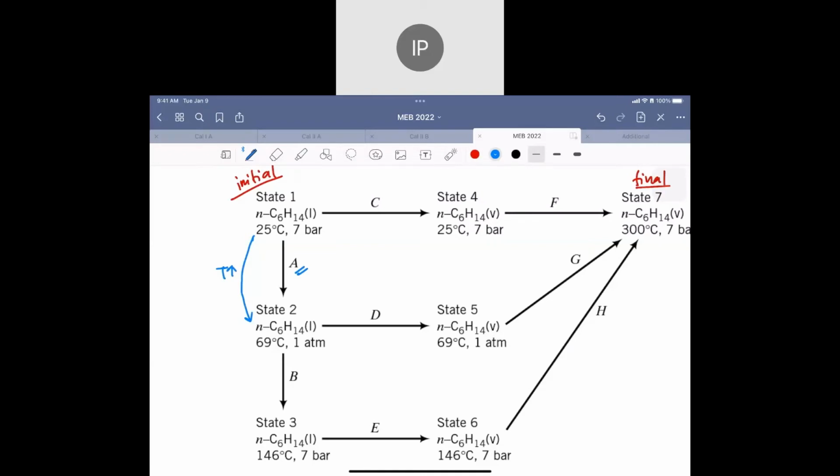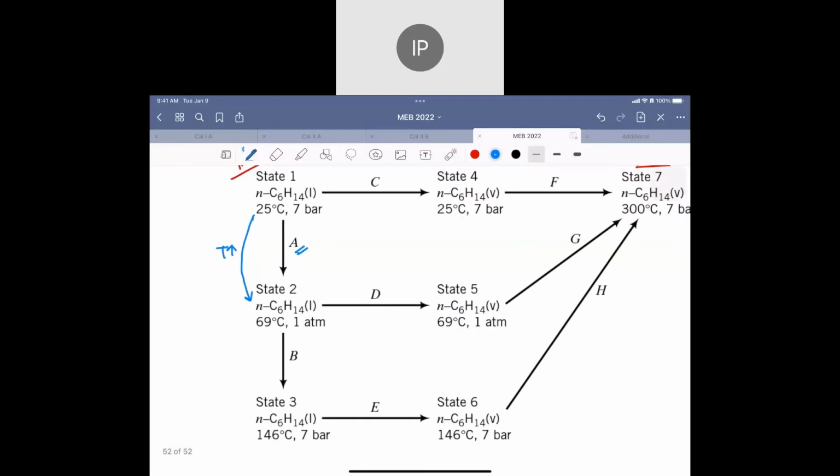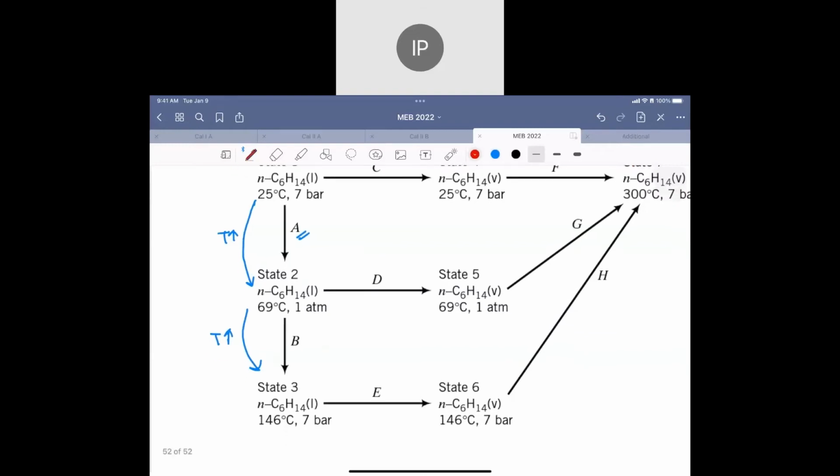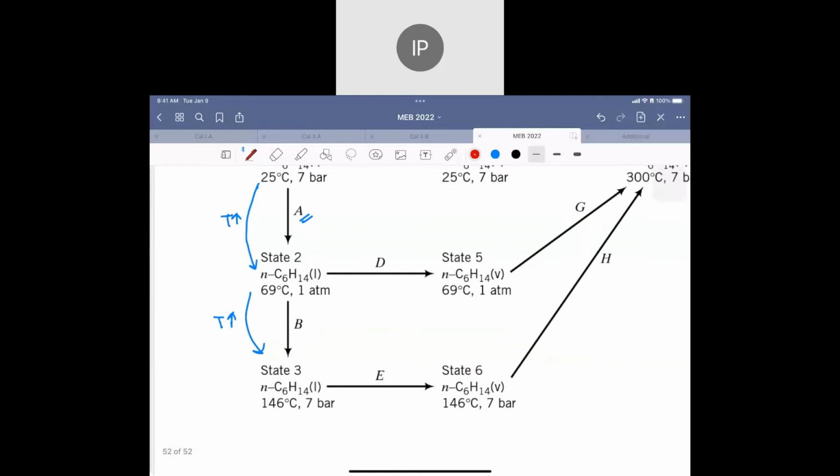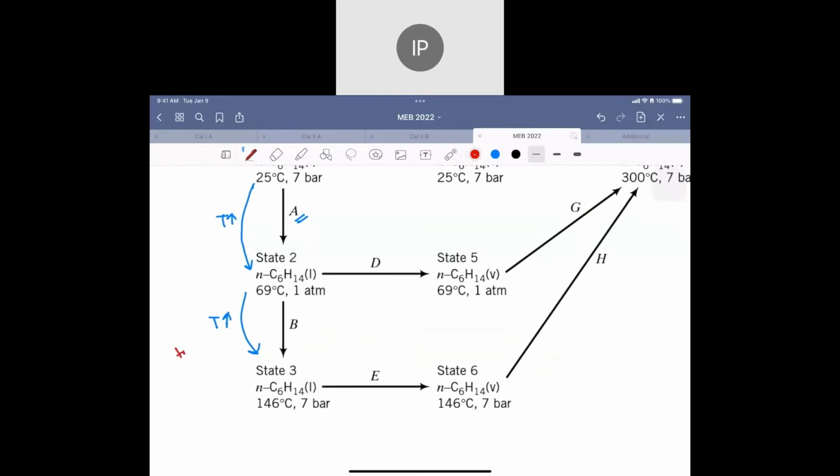And then it goes to 146, increasing the temperature again. This is the true vaporization temperature.